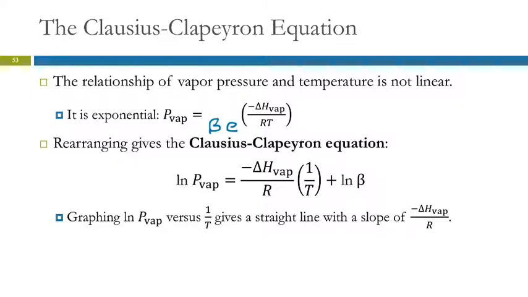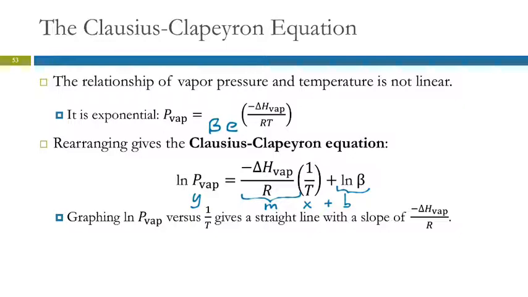So why the heck would we do that? Well, this is Y. This is the slope. This is X plus B. So we can put it into a linear form that way, Y equals mx plus B. So if we graph the natural log of the vapor pressure versus 1 over the temperature in kelvins, we get a straight line.